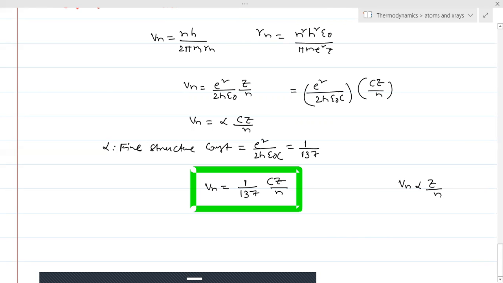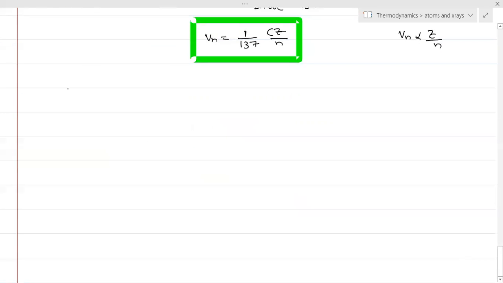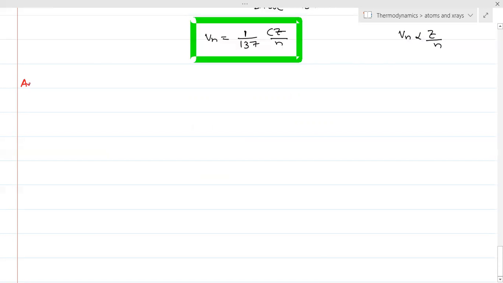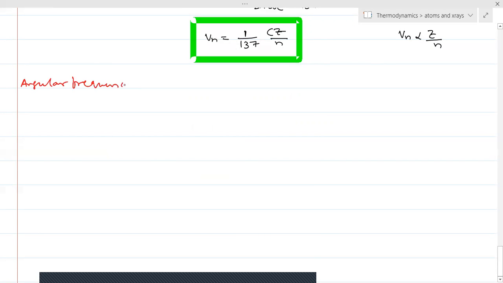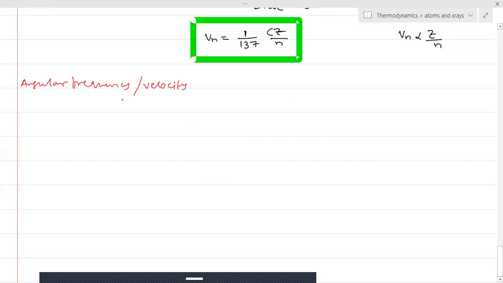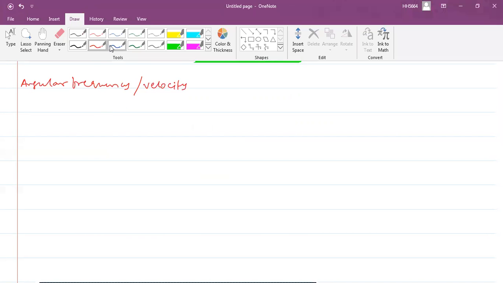After velocity, now we think of angular frequency or velocity. Both are the same. In some topics we may call it angular frequency, and in some topics angular velocity.